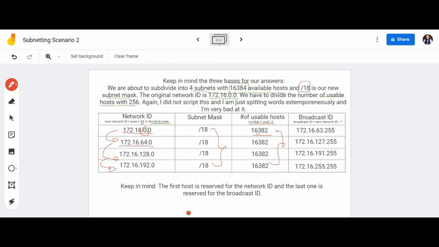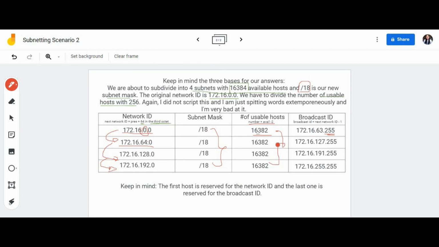Now for our broadcast ID, this is the main difference, though. As you can see with our last scenario, we actually put the broadcast ID here in the last octet.